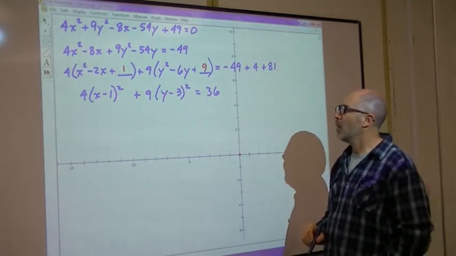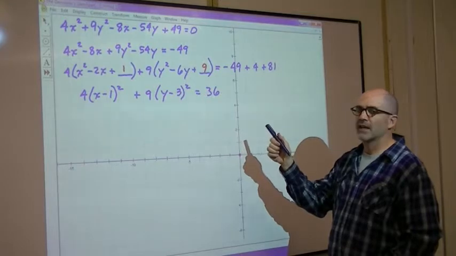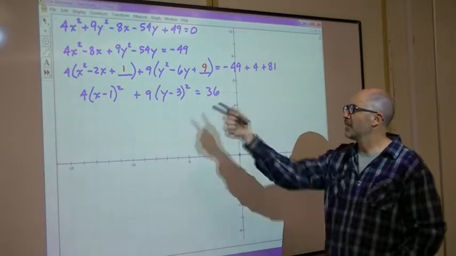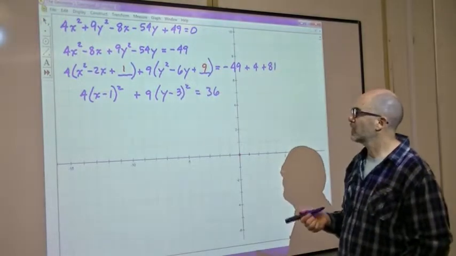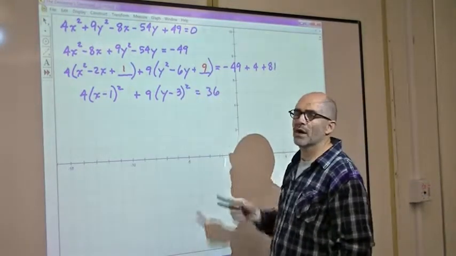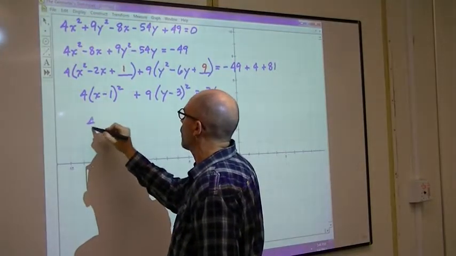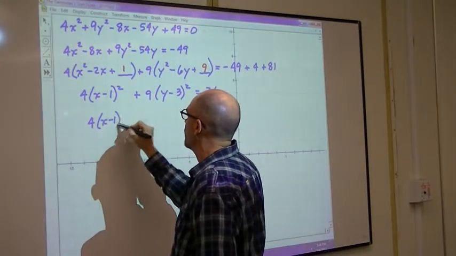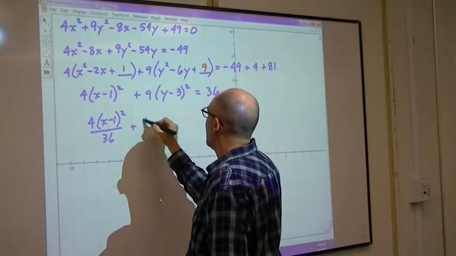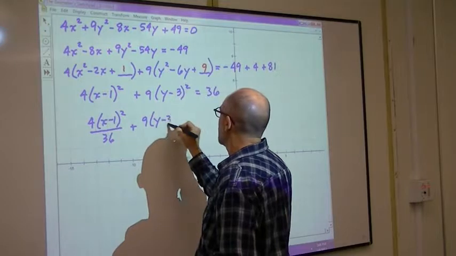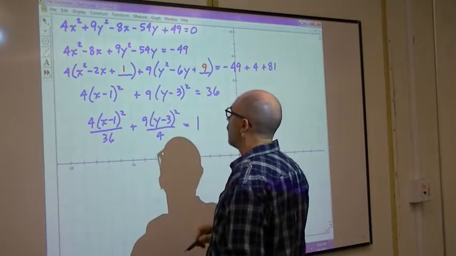Okay, now we have one more step to get this back to the form of the ellipse, and that is divide through by whatever number we have over here on the right. So we're going to divide through by 36, so we're going to have 1 on the right. So I've got 4 times (x minus 1) squared over 36 plus 9 times (y minus 3) squared over 36 equals 1.